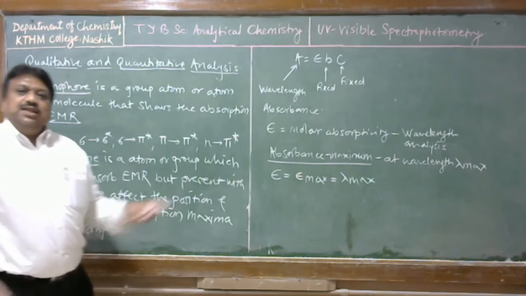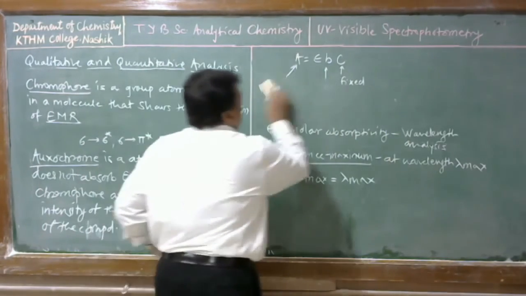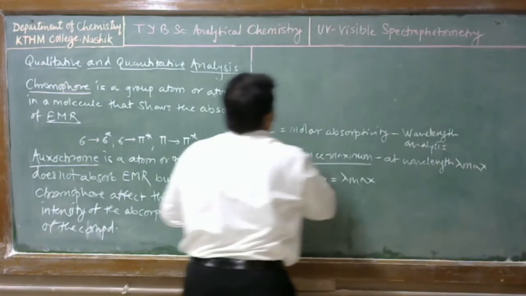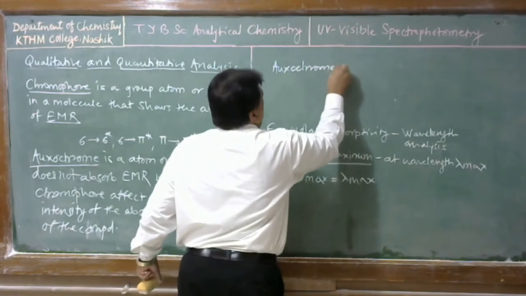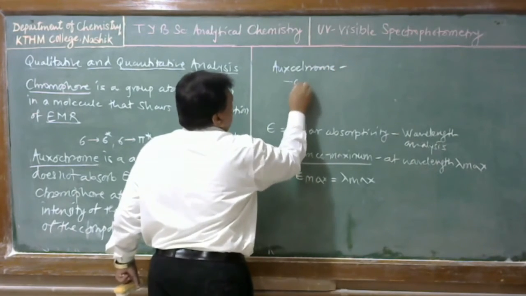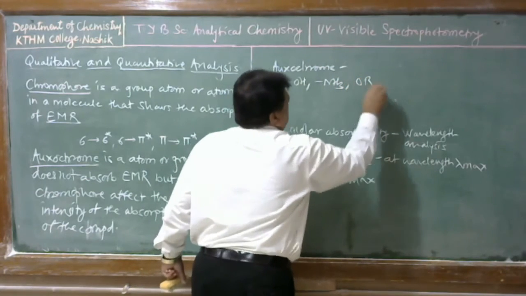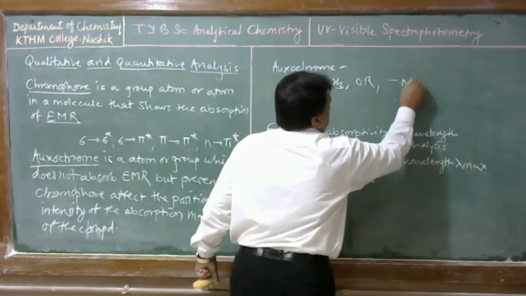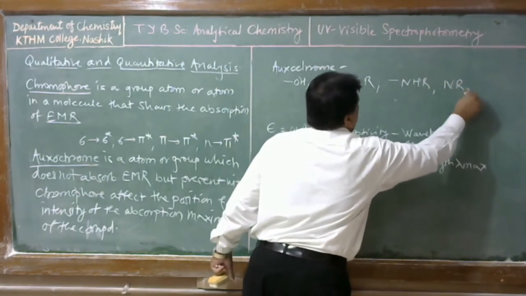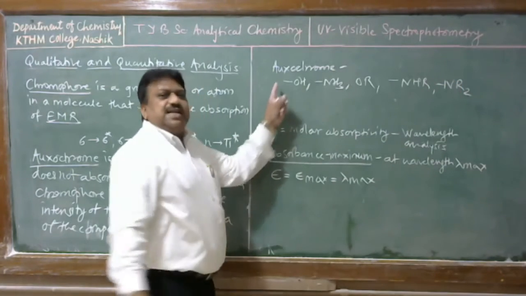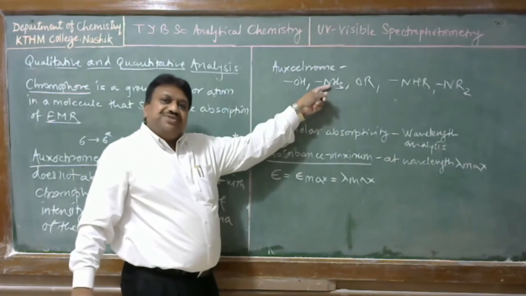Therefore, we discuss the effect of oxochrome on an absorption spectrum. Generally oxochromes have groups such as hydroxyl group, NH2 group, ketonic group, or NHR or NR2 type of group, and these directly affect the absorption spectrum.